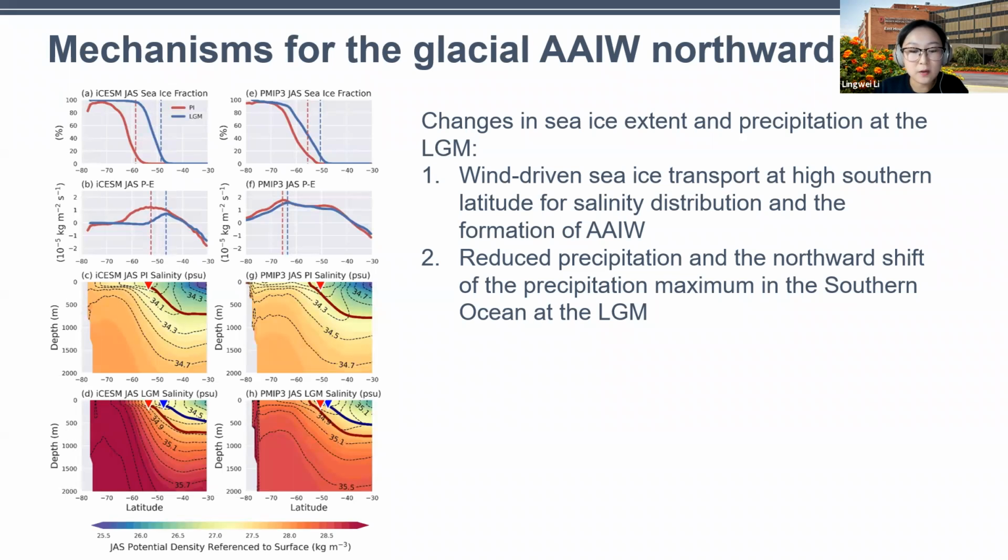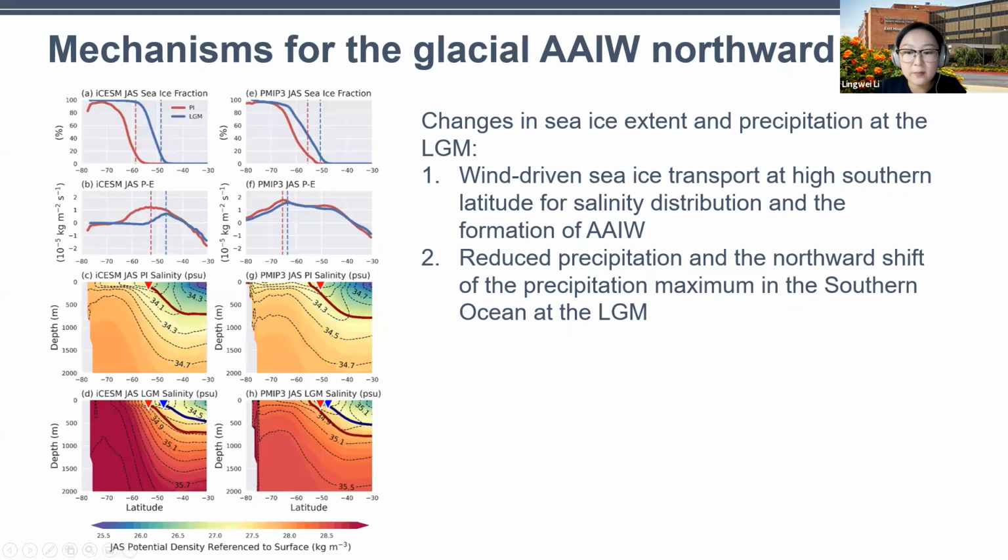Another explanation we proposed is the hydrological cycle. The precipitation during the LGM also contributes to the northward shift of sea surface salinity minimum and associated AIW shift. Figure B here shows the precipitation minus evaporation flux. The dashed lines here refer to the location of the P minus E maximum, and we can see it moves equatorward during the winter.